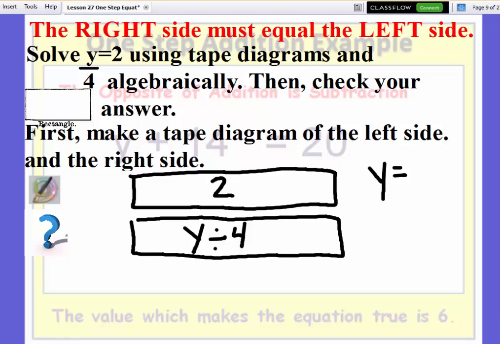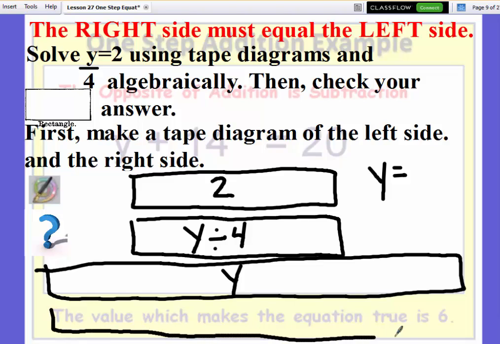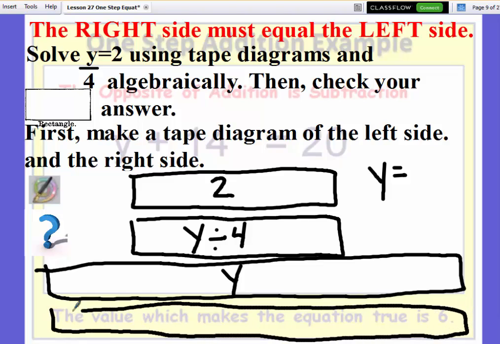What I need to do is figure out how big is y. Well, this is telling me I have some y, and I'm dividing it into 4 equal groups. So that's telling me that I have some amount y to start with, and I'm dividing it into 4 groups. Because I see y divided by 4, that's telling me I have a y, and I divide it into 4.